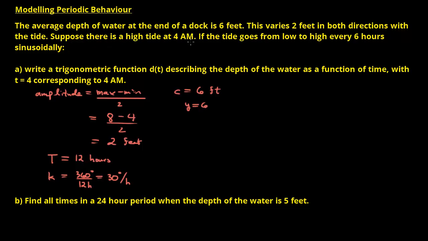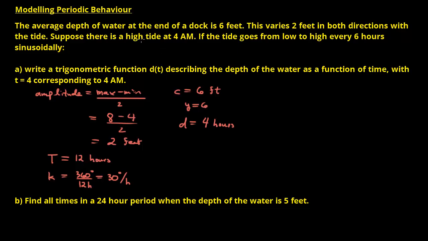Here, the peak occurs at a time of 4 a.m., which is 4 hours past midnight. So that means that if we use the cosine curve, we're going to have a phase shift of 4 hours. So D is going to be equivalent to 4 hours.